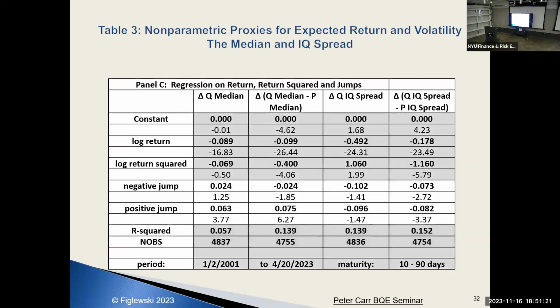What do we see from jumps? Turns out, these are t-statistics, negative jumps don't seem to have as much impact as positive jumps do. Right. Coefficients are smaller and less statistically significant.